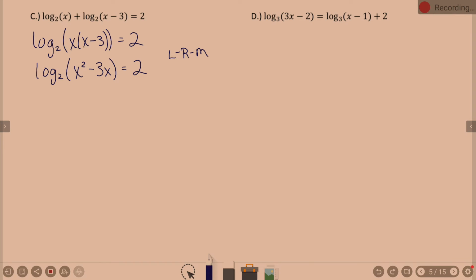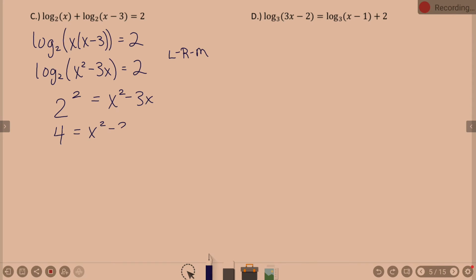Left, right, middle says the base of 2, raise the 2 on the right, is equal to the middle of x squared minus 3x. And it kind of looks like we're solving the same type of stuff we just did on the last 2 equations, right? Yeah. 2 squared is 4.